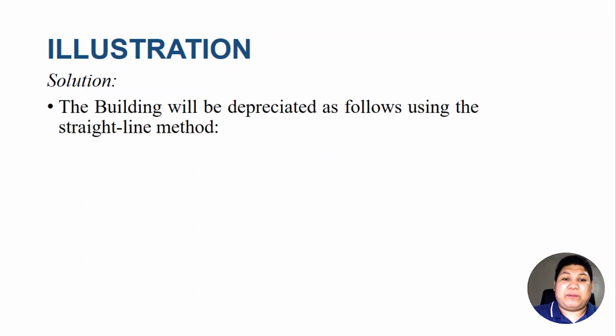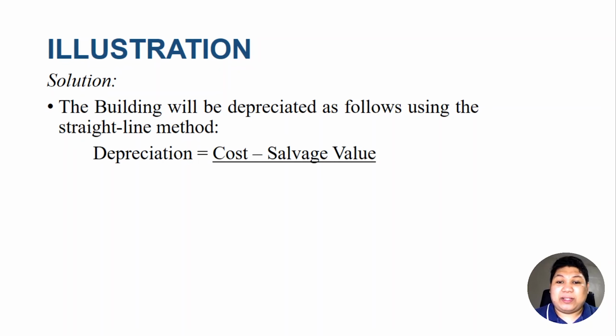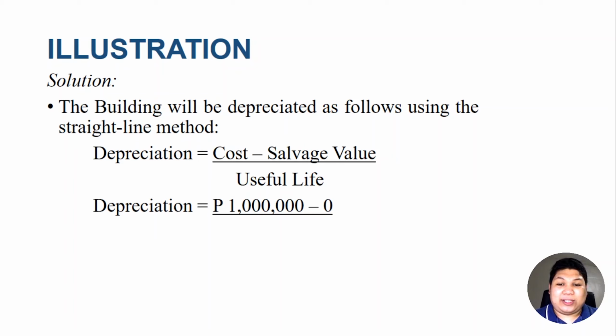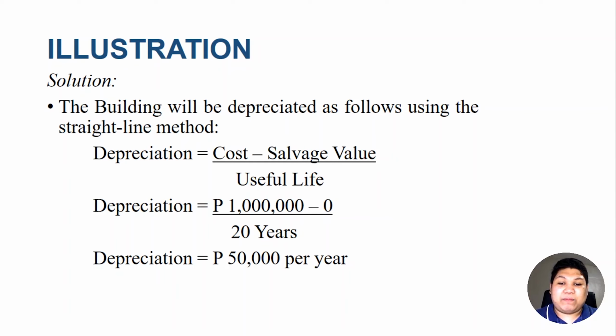The building will be depreciated as follows using the straight line method. Depreciation is equal to the cost minus salvage value over the useful life. Our salvage value is 0 and the useful life is 20 years. Therefore, our depreciation is 50,000 pesos per year.